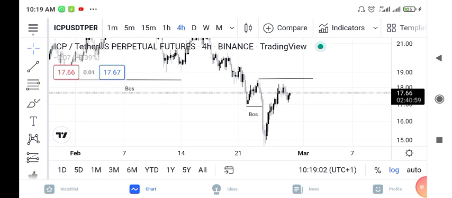It gave people the idea that price might be going bullish. All of a sudden, it turned bearish and went and broke structures to the downside very fast. So people that were buying, right? People that were buying before we got this big move to the downside are in drawdown.